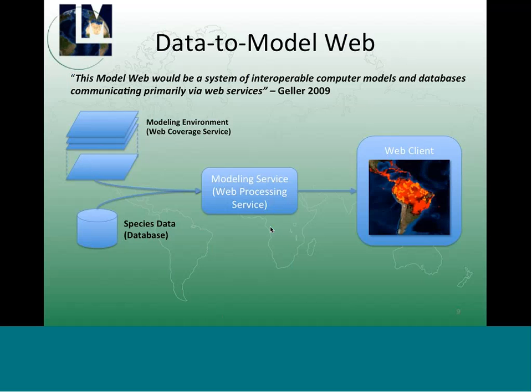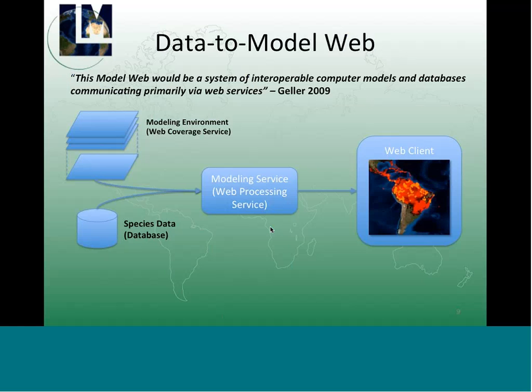One of the things that we're working towards is both data services and analysis services. This is something that was envisioned by Gary Geller, a scientist with NASA, and he calls it the model web.